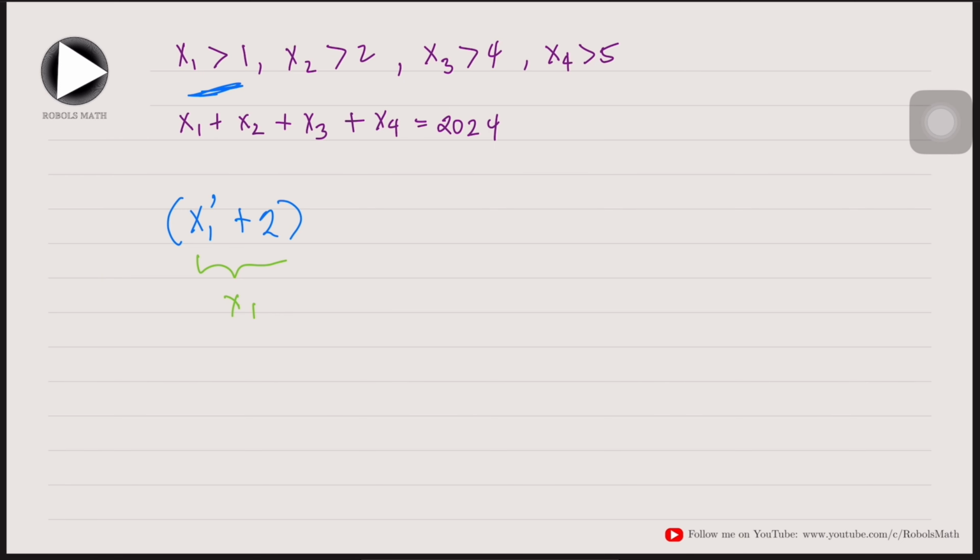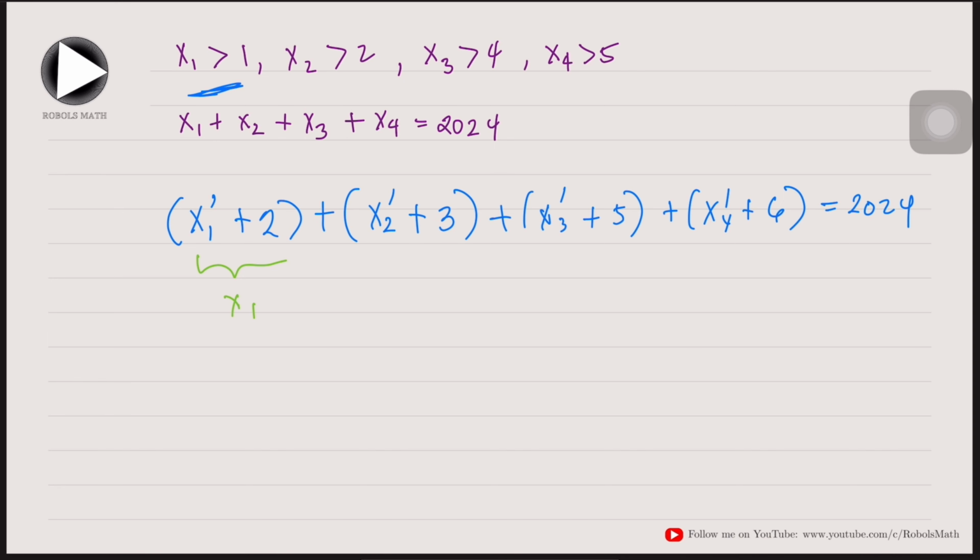Get it? We can do the same for x sub 2. In this case, we will use x sub 2 prime plus 3. We do the same for x sub 3, prime plus 5, and then x sub 4 prime plus 6, is equal to 2024.